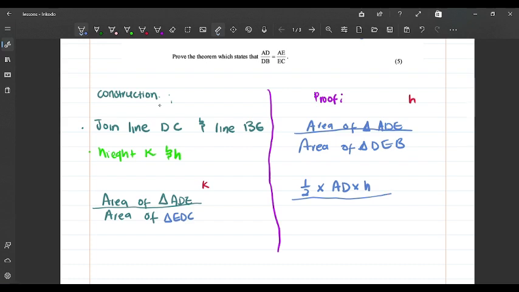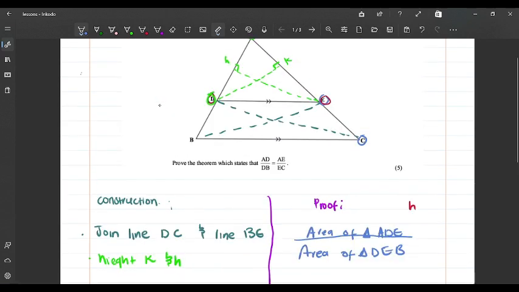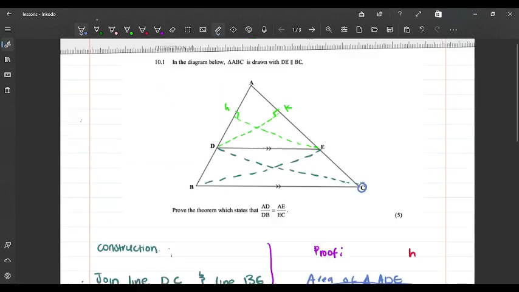Now we need to do the same for triangle DEB, right? So let me quickly erase here. Let us look at DEB, so let me make a rough sketch of it here on the side. It has a perpendicular height of H, right? This is my height H, and as you can see, it's perpendicular to this line DB.